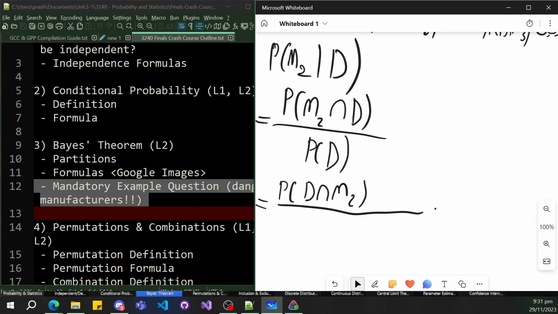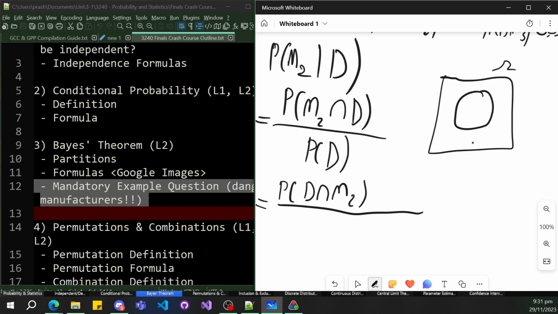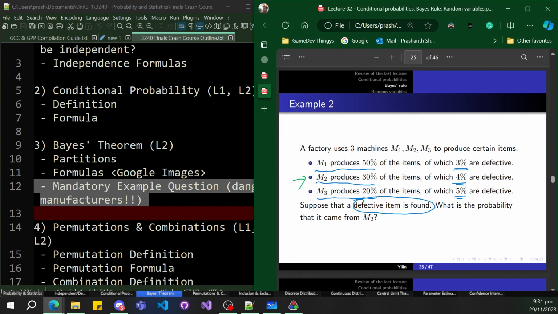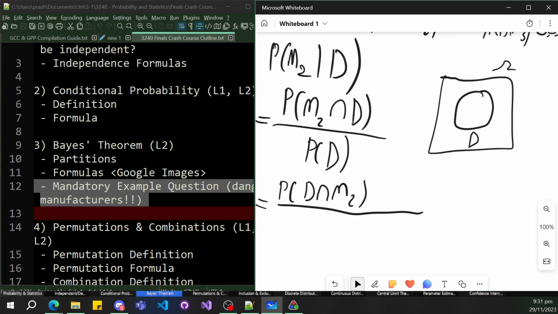Back to where I was. We were splitting up this. We're partitioning D. So we know that this is our sample space, and we've got probability of D. And only 3 machines are involved in this process, M1, M2, and M3. That means we can split apart the sample space accordingly.